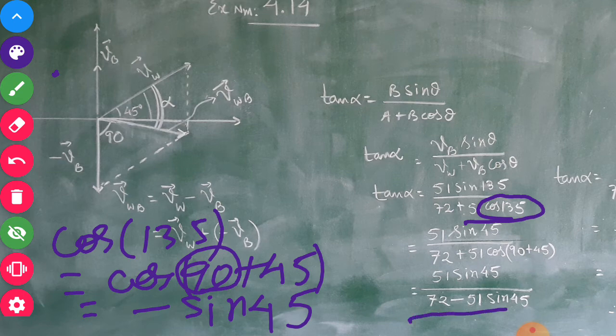So here it becomes 51. Instead of sin we can write cos, but cos 45 and sin 45 are the same. That is why I have just written cos instead of sin. So we will have 51 cos 45 upon 72 minus 51 sin 45.